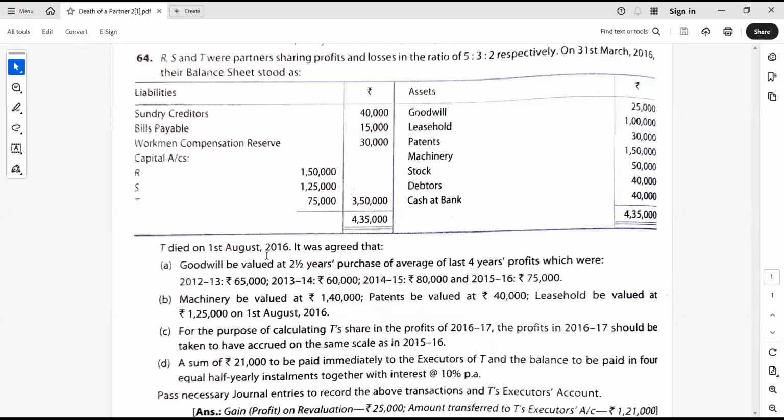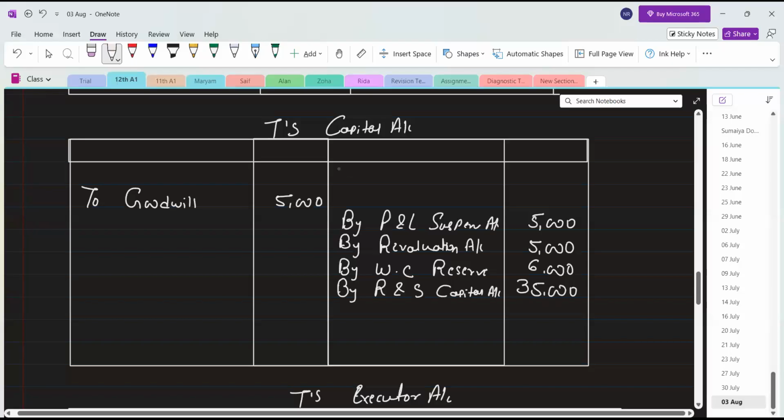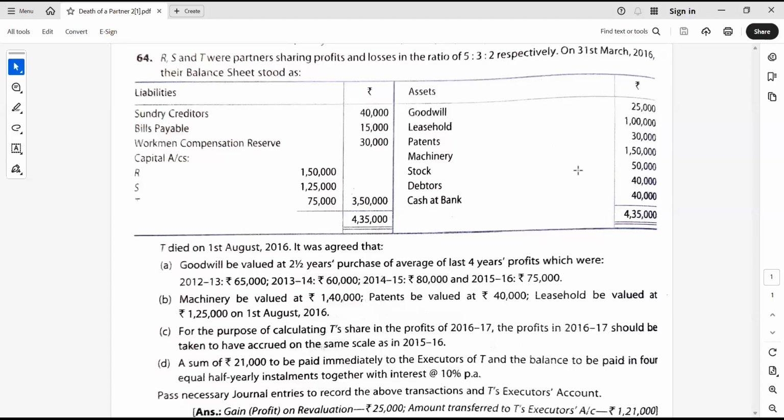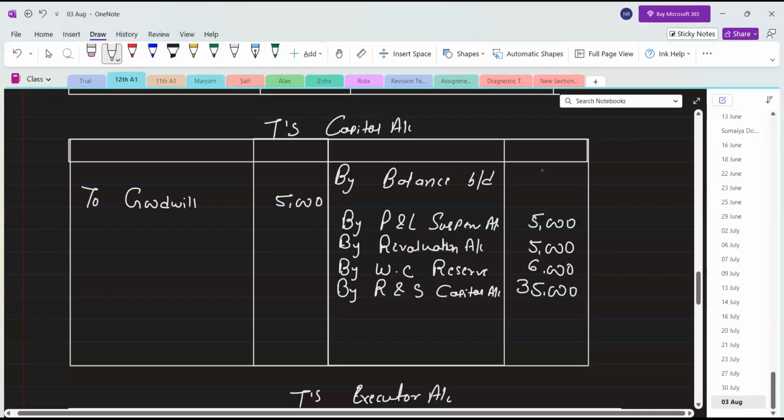Revaluation I have written. Profit share I have written. 21,000 paid immediately. I will write it by balance BD. T 75,000.